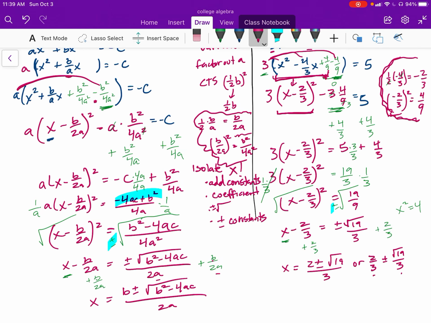Pause, rewatch, rewind, fast forward, whatever you need on this video. I will say, the left-hand side, it's like, ooh, that is quite hideous with all those variables. But I will also point out, this is an Algebra 1 standard. My opinion, I think it's a bit beyond Algebra 1, maybe Algebra 2.